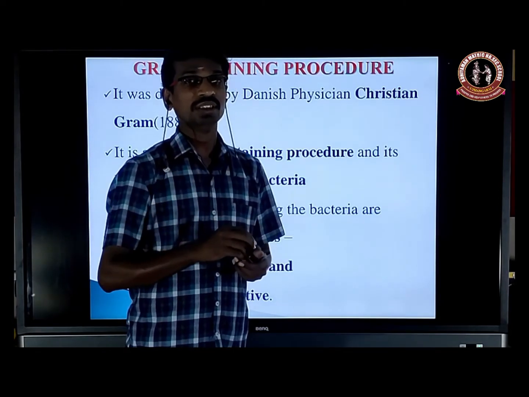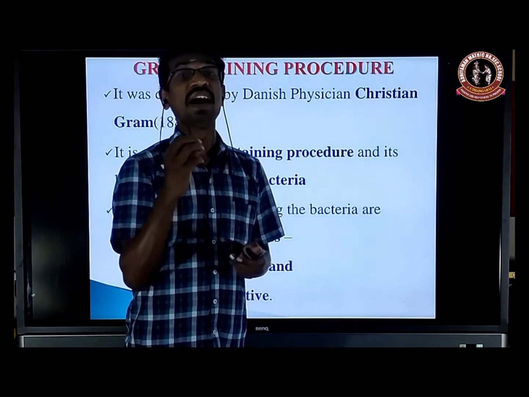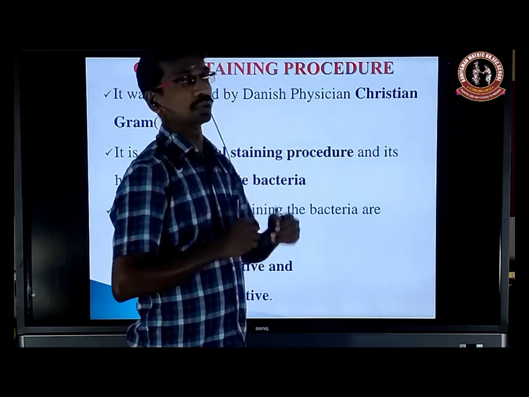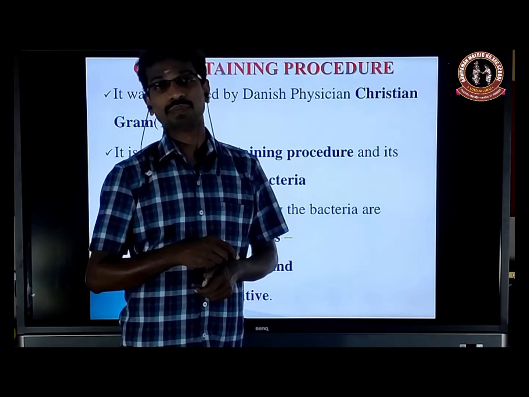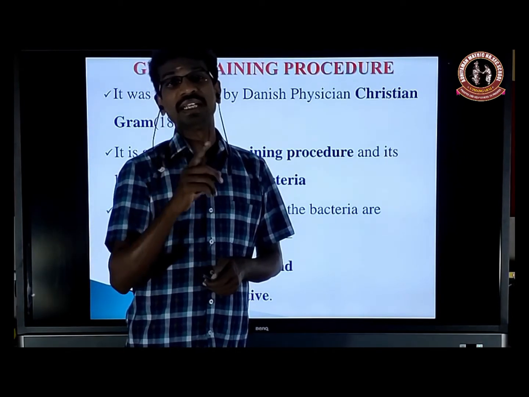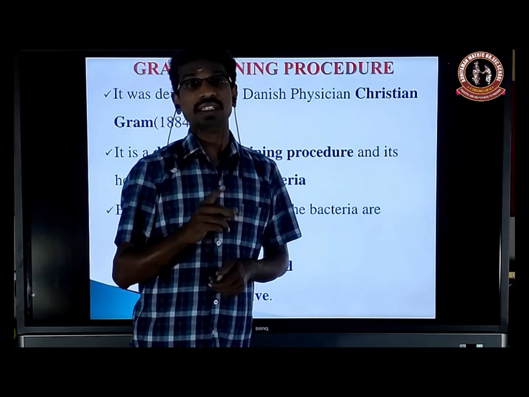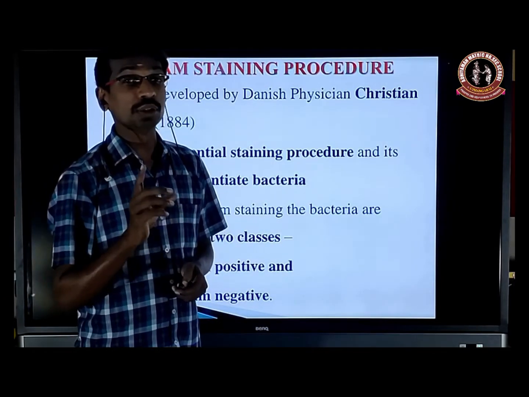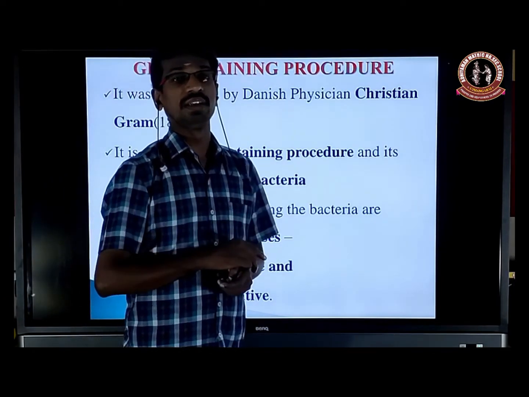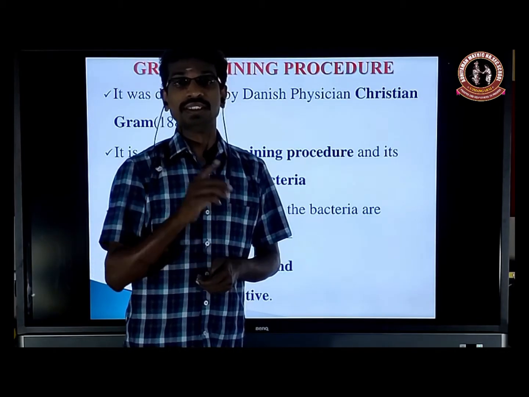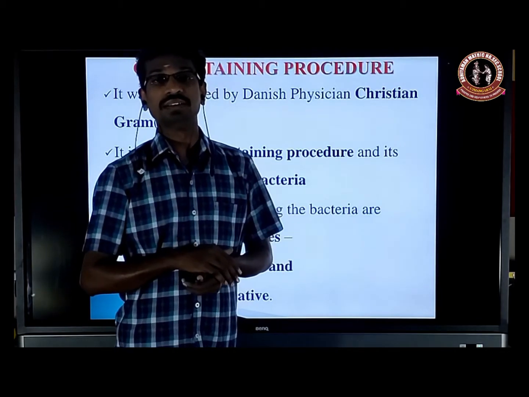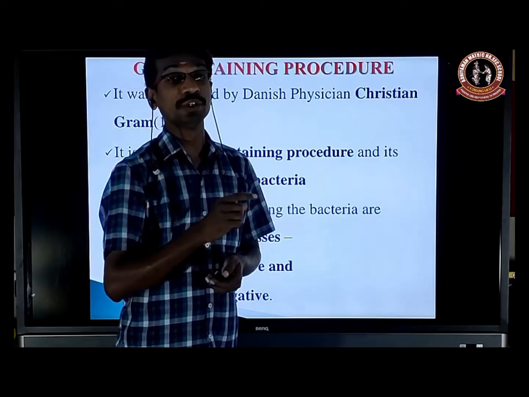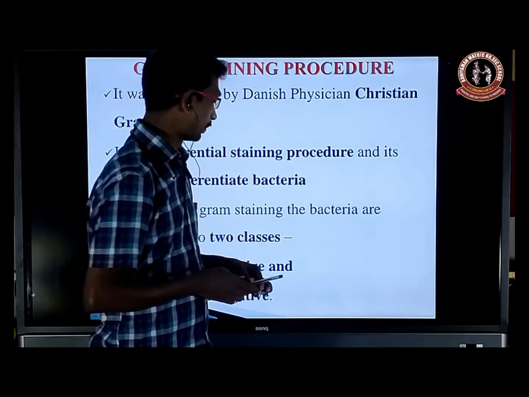Due to this, they retain the violet color during the gram staining procedure. Those bacteria that retain the violet color are considered gram-positive bacteria. Those that do not retain the violet color and lose it are generally considered gram-negative bacteria.